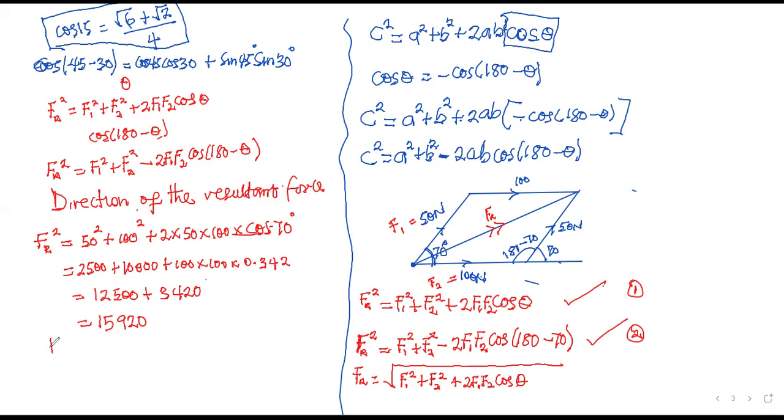Thank you, sir. Then the resultant is equal to the square root of 15,920. The square root of 15,920 is 126 approximately.